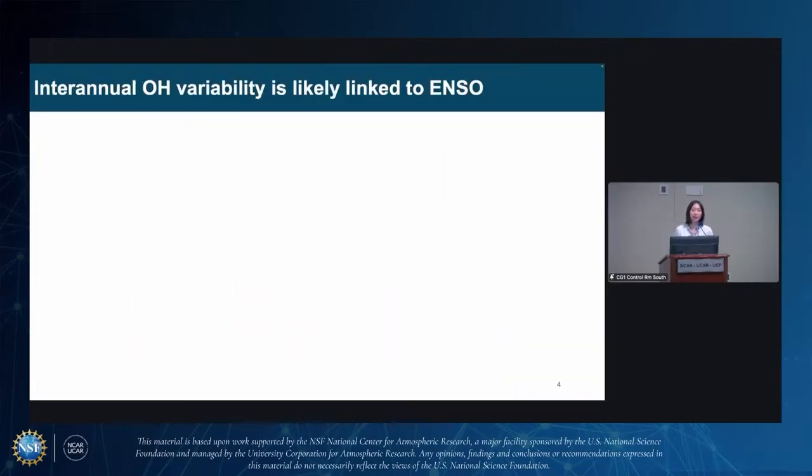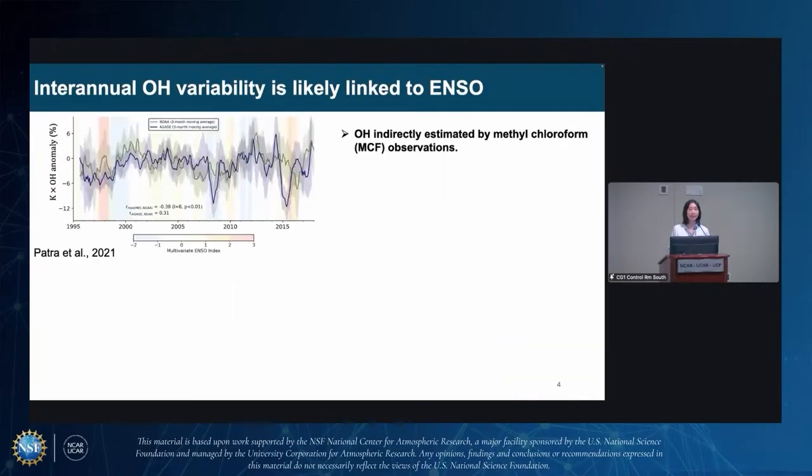Lacking direct OH observations, OH is normally estimated indirectly using inverse modeling constrained by long-lived species such as methylchloroform. Some current studies suggest that the interannual variation in the OH anomaly is in part related to ENSO variability.